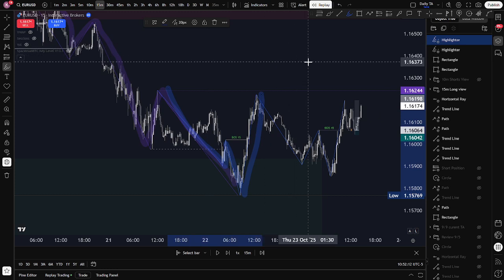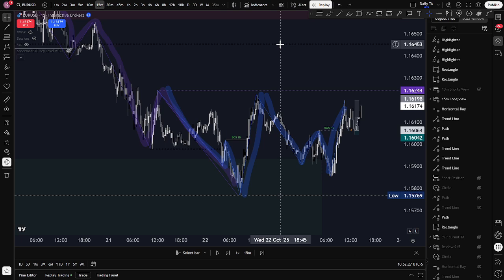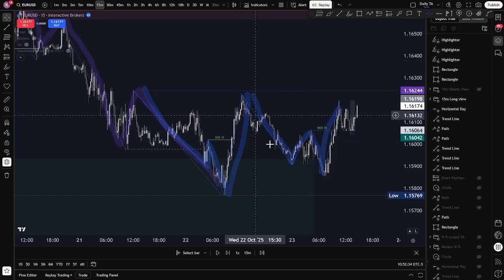So there's that 15-minute break of structure up. And it comes back and has a reconfirm down here. It forms 45-minute internal structure and then breaks up on the 45. So from a long standpoint, I could look at longs based on that.